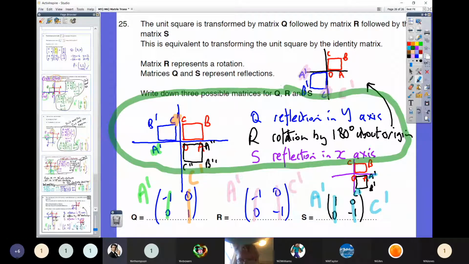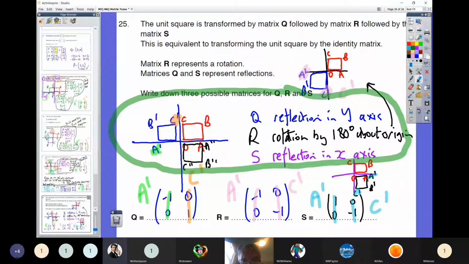So this is the bit that slightly confused me at first. We've now got to go back, each time starting with the unit matrix, and for our final answer say what matrix does those three things I've said on the right. So our answer for Q is: what matrix represents a reflection in the y-axis?